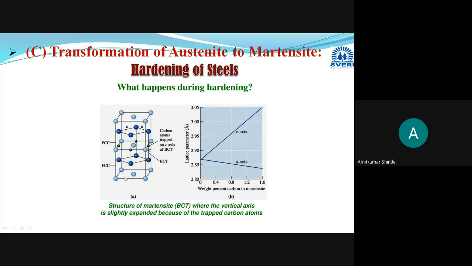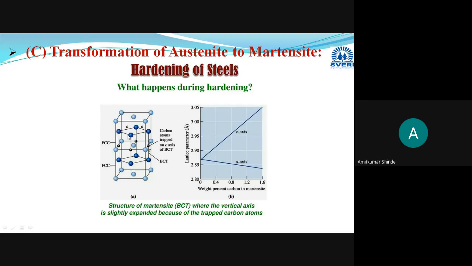Martensite is having this inside structure with these dark bubbles. These are body center tetragonals. The vertical axis will get shortened, and these two horizontal axes will become equal. This size will be equal to this size.